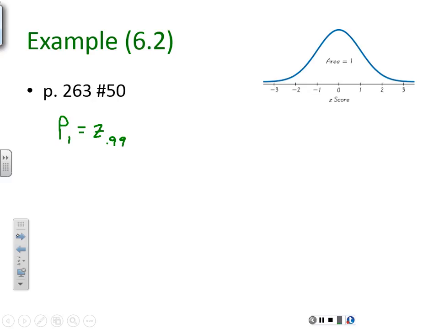Well, honestly, the P sub 1 is an easier way to read it because it's telling me my area to the left. If I'm wanting the first percentile, I am only wanting 1% as my area to the left. So I only want to have the 0.01 as my area to the left. Will that be a negative or a positive z-score? Okay, it's on the negative side because it's definitely smaller than 50%. So finding the area to the left of being the 1%.